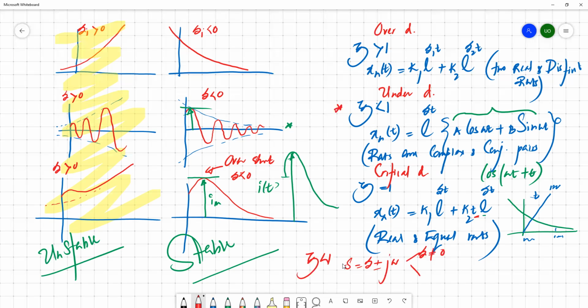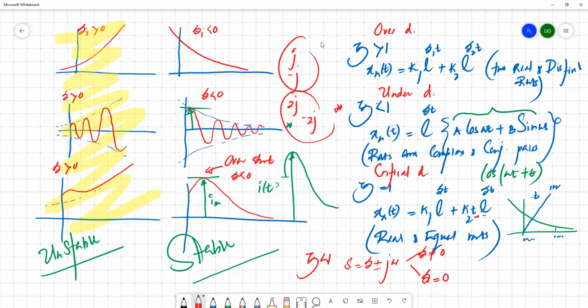Then you have a real component as well, so you have an exponential term in front of the cosine. In the second case, sigma would be 0, so your real component is 0. Still you have complex conjugate roots, for example j and minus j, or 2j and minus 2j.